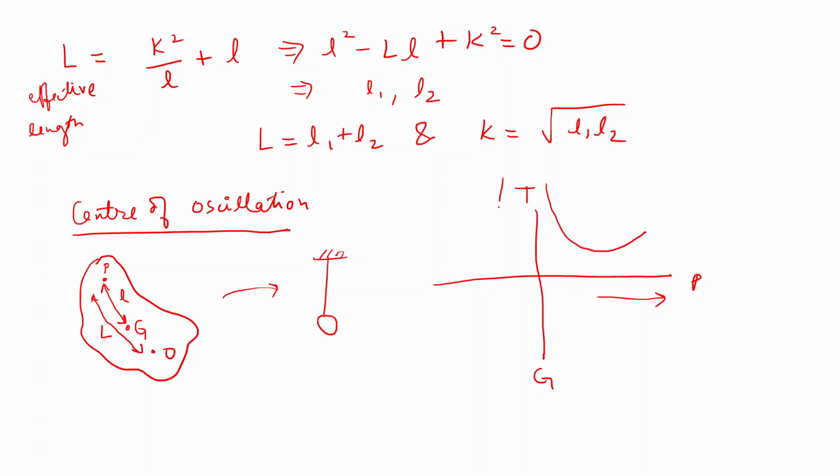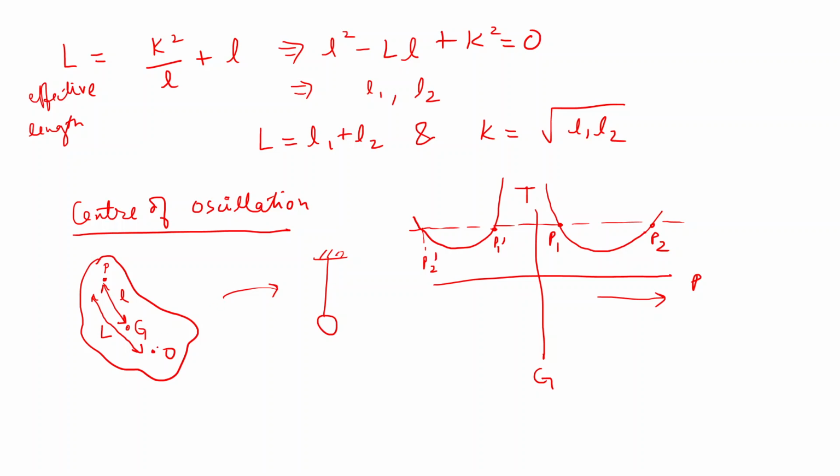And if you draw a line parallel, you'll see that there are two positions of P, P1, P2, also P1 prime, P2 prime.